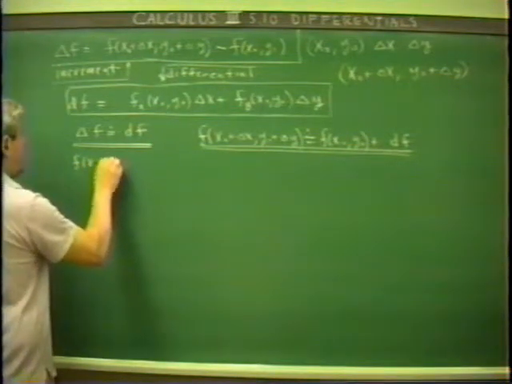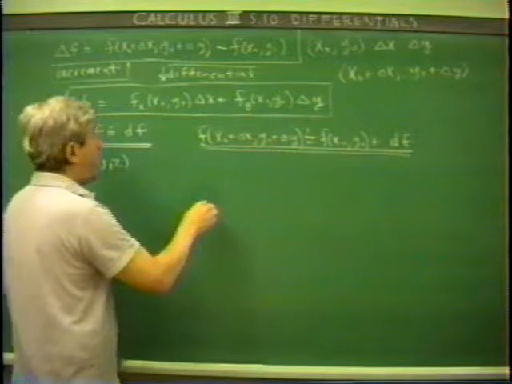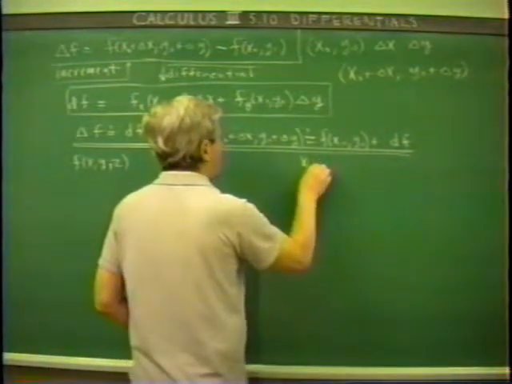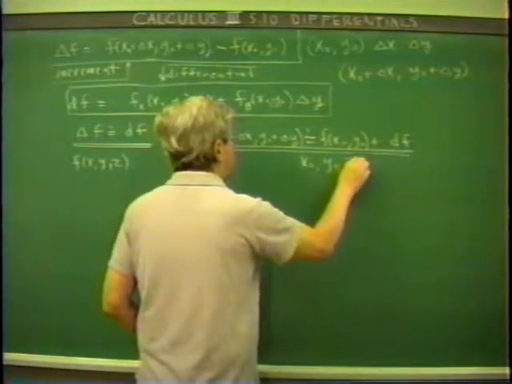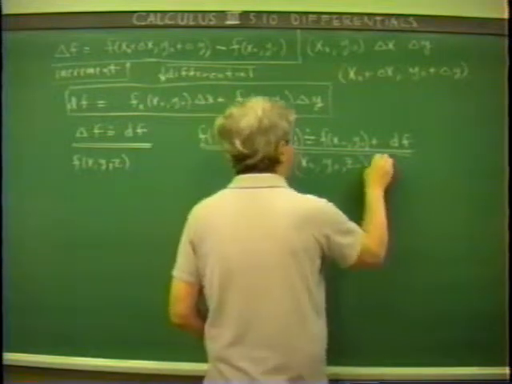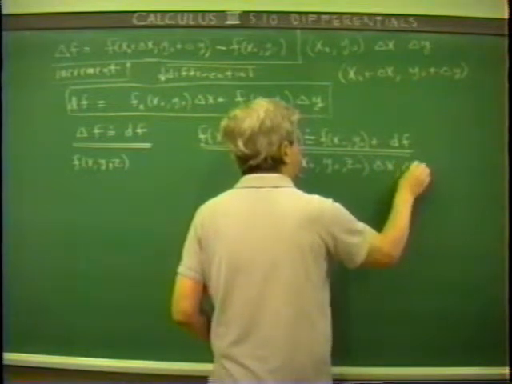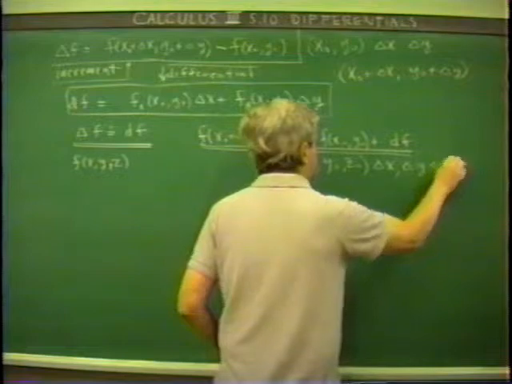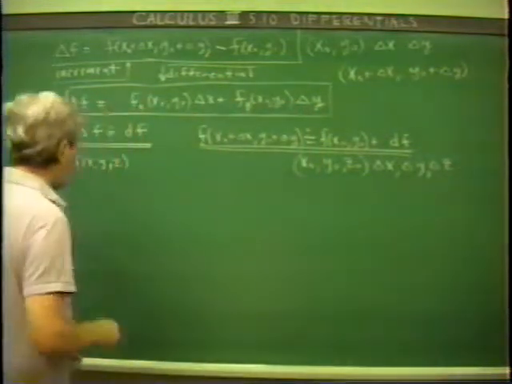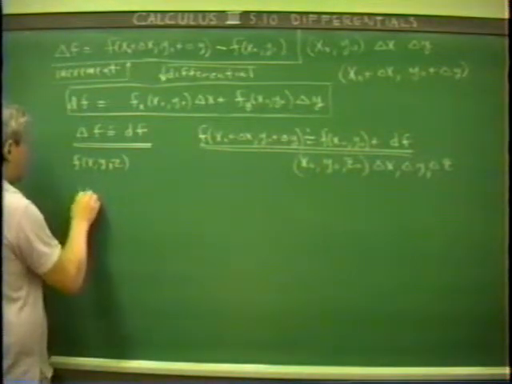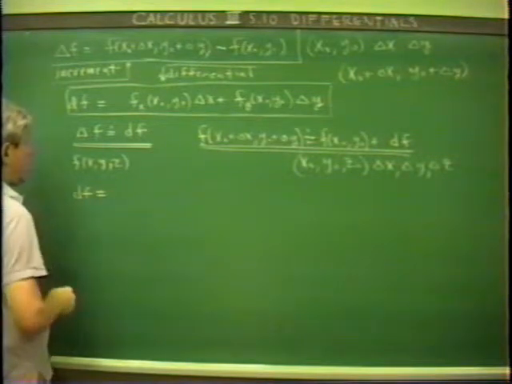And also there are differentials for functions of three variables. So if we've got f of x, y, and z, and a point x naught, y naught, z naught, we also have changes here, delta x, delta y, and delta z given.